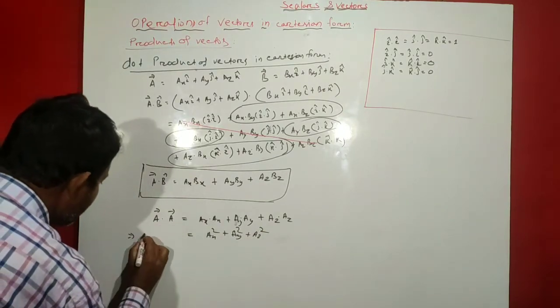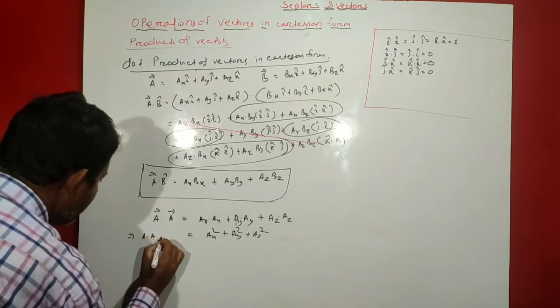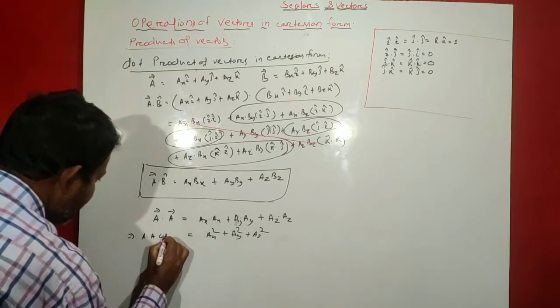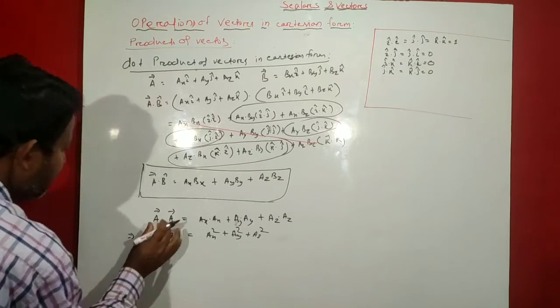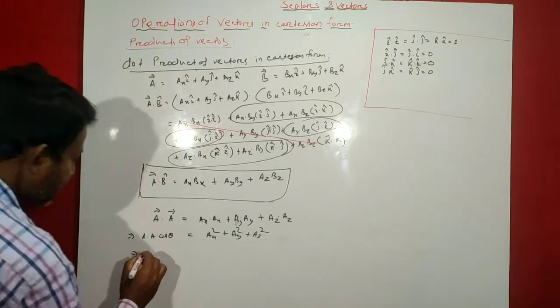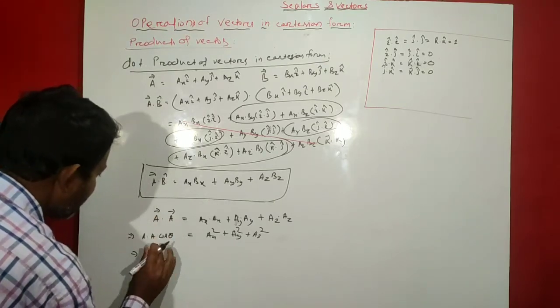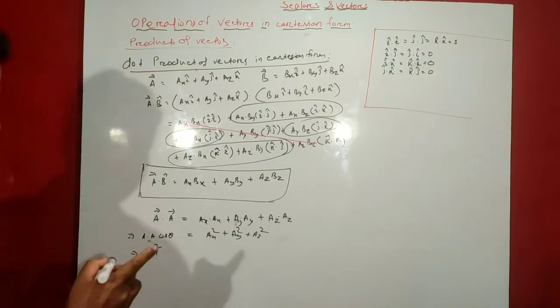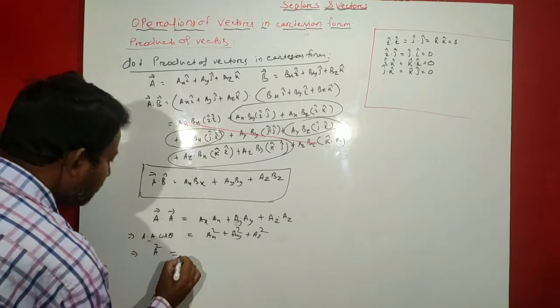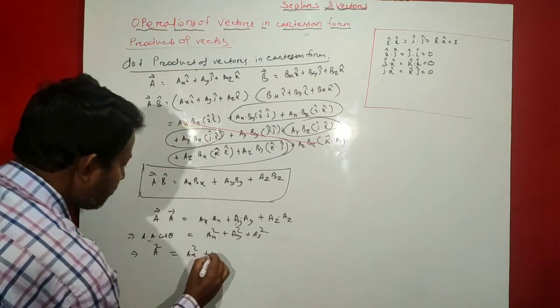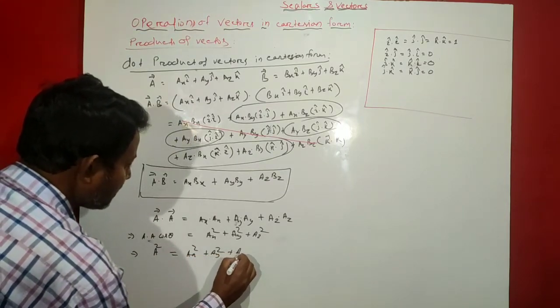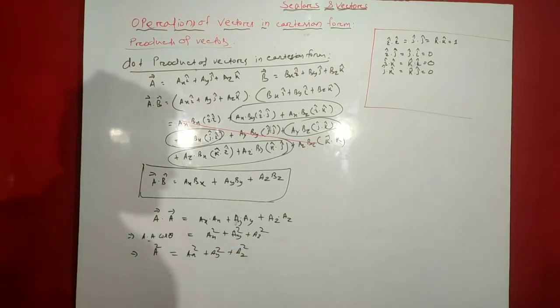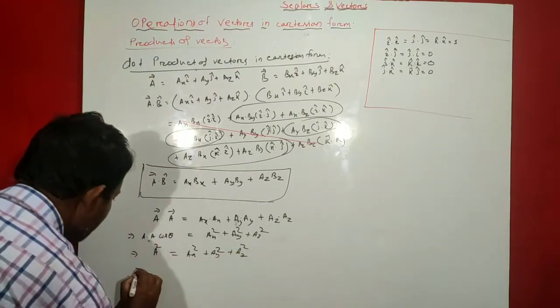If I find A dot A, using the formula of the dot product that is A square cos theta, theta will be 0, so cos theta will be 1. So A square is equal to ax square plus ay square plus az square.